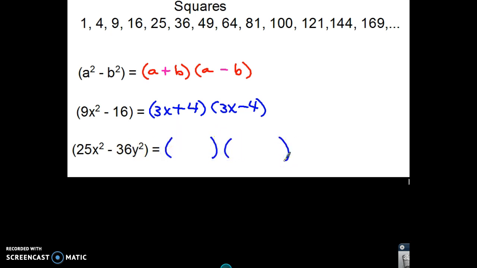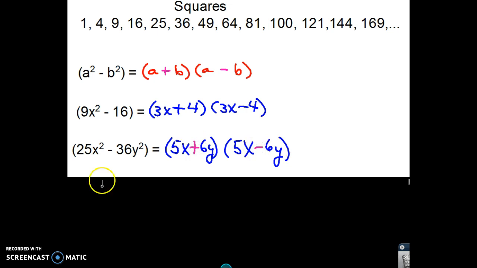And now we take the square root of each term. The first term, the square root of that would be a 5x and a 5x. The square root of this would be a 6y and a 6y. And all we have to do is simply make one a plus and one a minus.